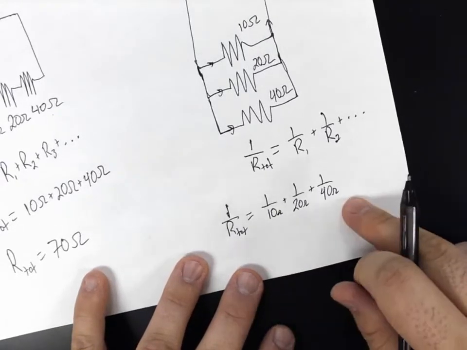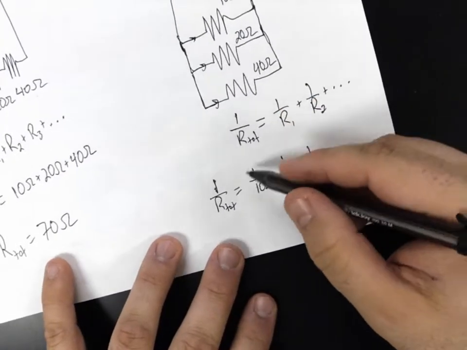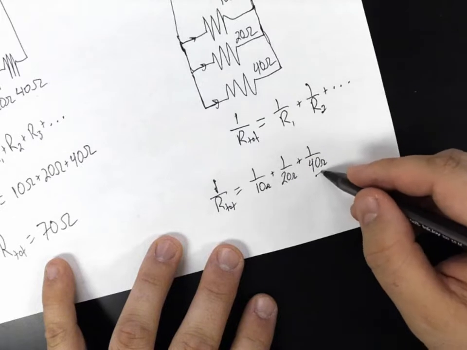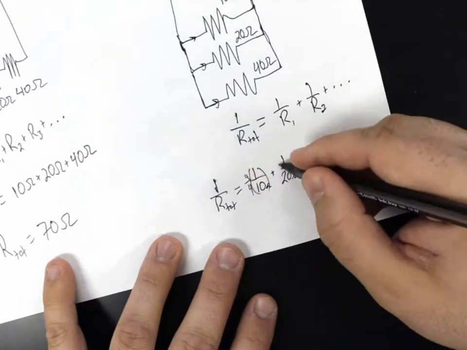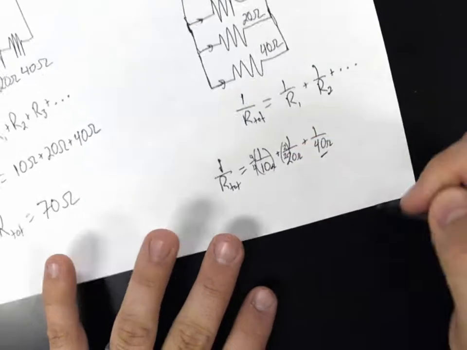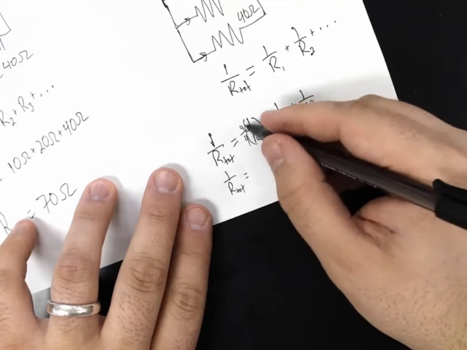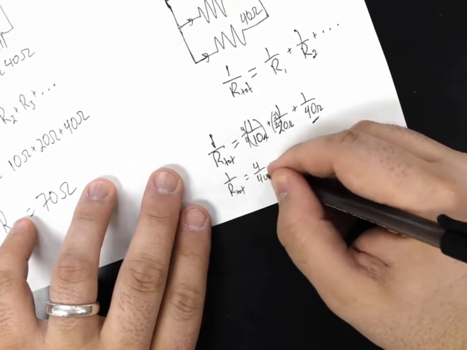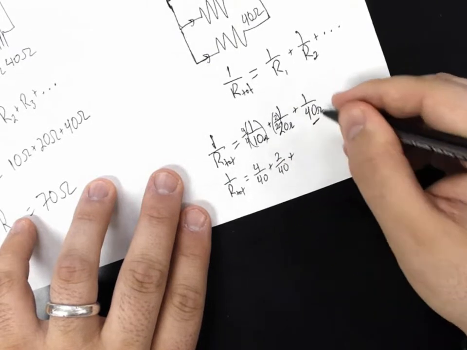We could do either, but I like least common denominator myself. The 3 denominators can all reach the number 40, so I'm going to multiply the first one by 4 over 4, and the second one by 2 over 2. That leaves me with 1 over R total equals 4 over 40 plus 2 over 40 plus 1 over 40.